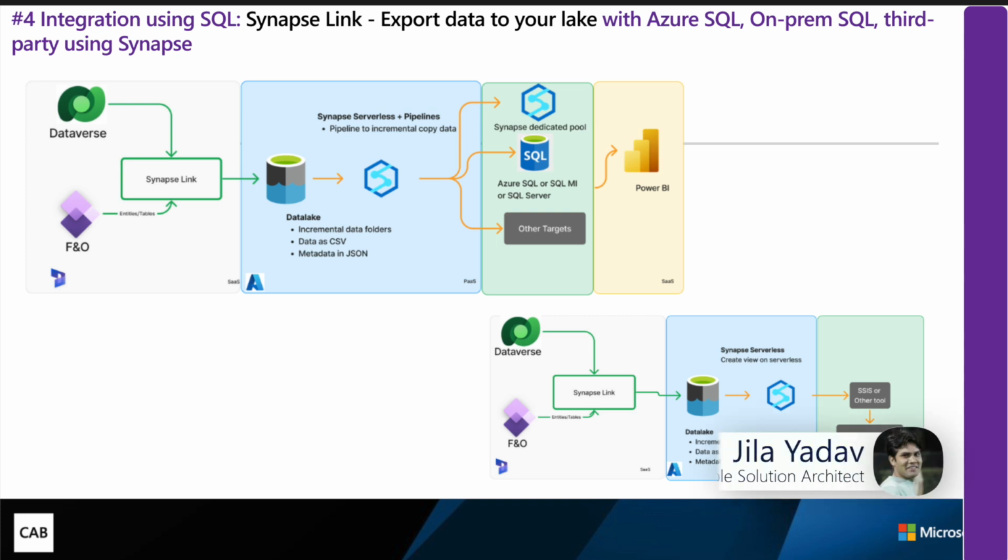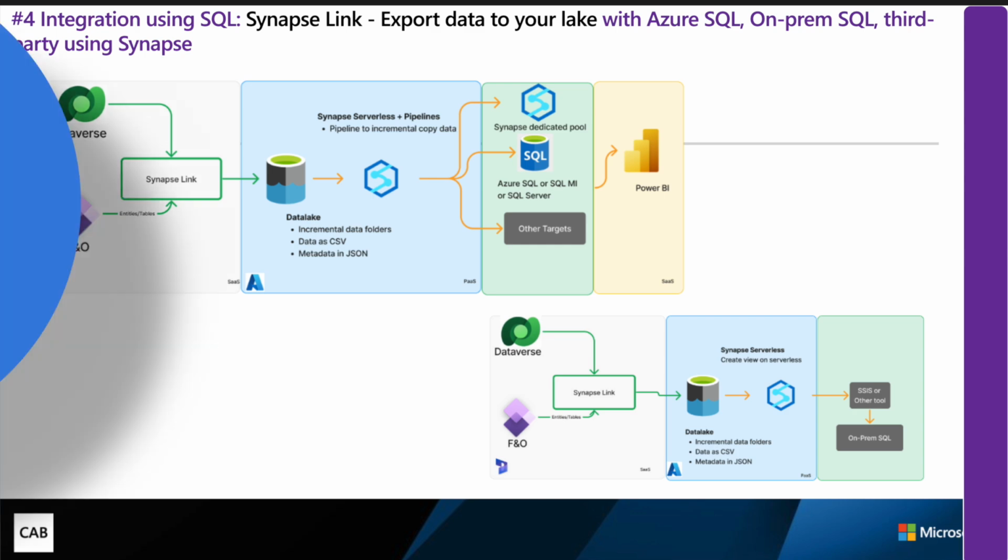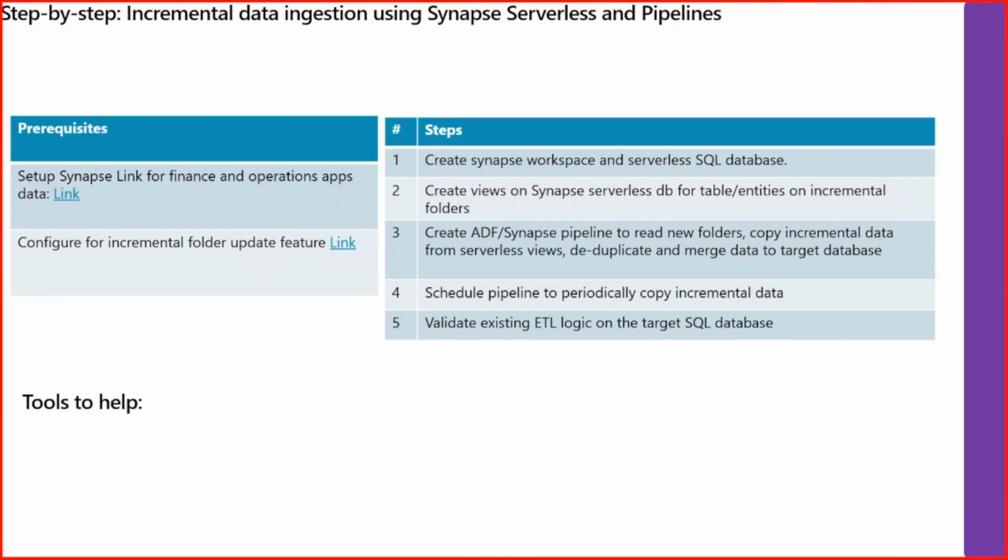All right. Thanks, Steve. What we are going to demo is a sample pipeline, which you are going to publish on GitHub as well, to show in action how you can copy the data from incremental folders to Synapse Link. So, just to go through the step-by-step incremental data ingestion. One of the prerequisites is that you set up the Synapse Link for Finance and Operations apps. There is detailed documentation on that.